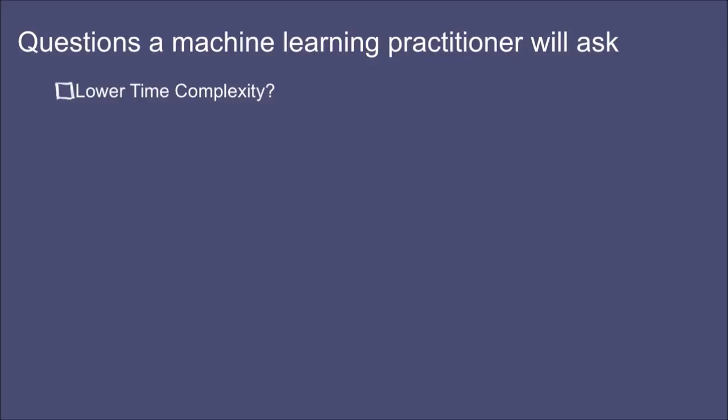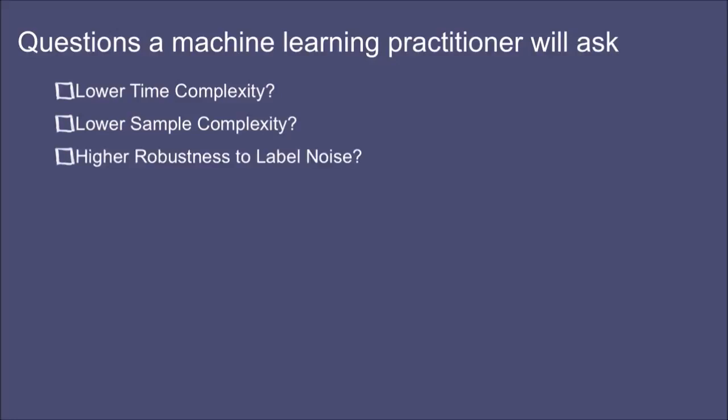Can I classify something with lower time complexity than a classical network? Do I need fewer samples? Machine learning people always want to know, how many training samples do I need to train a certain architecture to drop below a certain training error? I can also ask, how bad is it if my data is polluted?